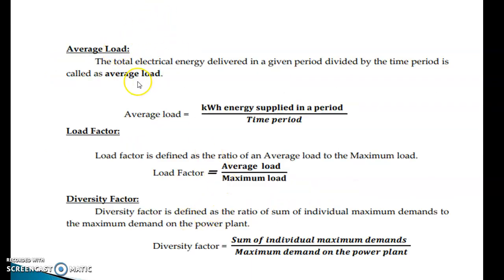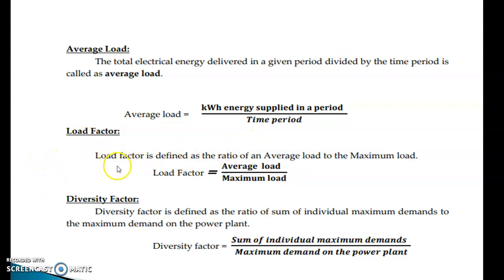Average load. The total energy in a given period divided by the time period is called average load. So average load is equal to kilowatt hours of energy supplied in a period divided by the time period.